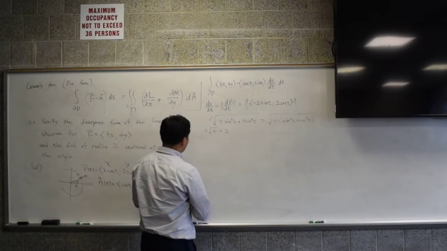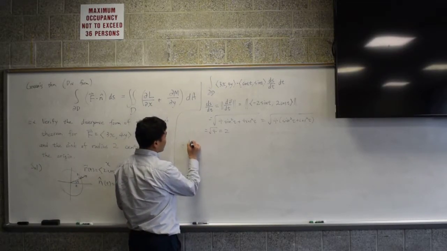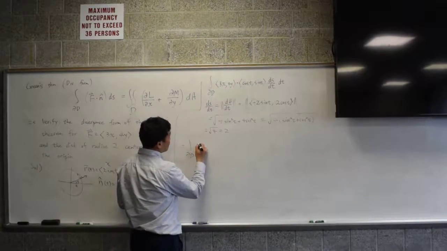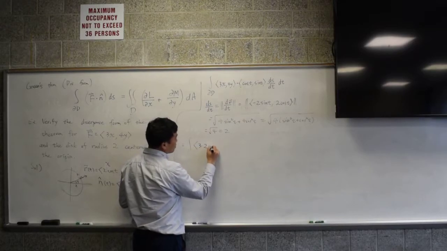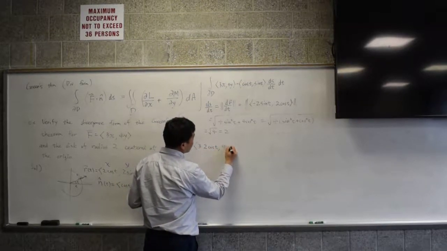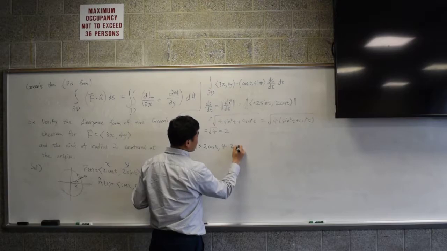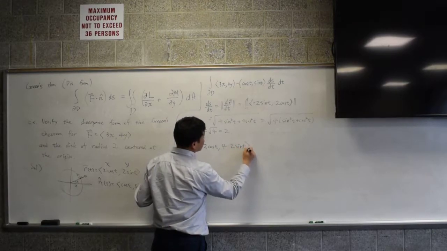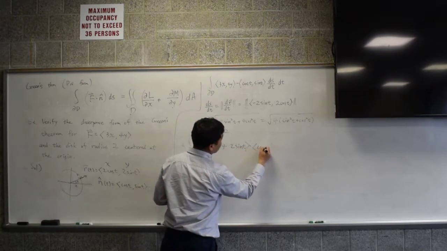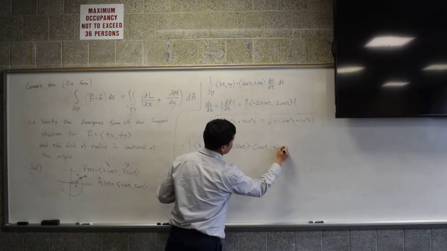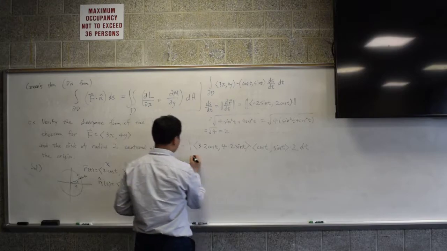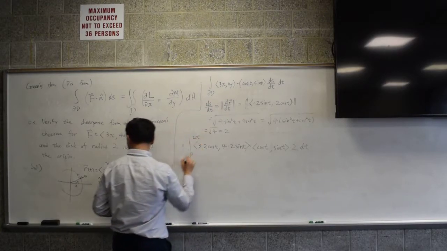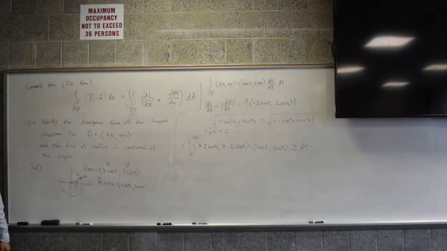All right, so we have to calculate over the boundary: 3 times 2 cosine t, 4 times 2 sine t, times cosine t, sine t, times 2 dt, and t goes from 0 to 2 pi because it has to go all the way around the circle.